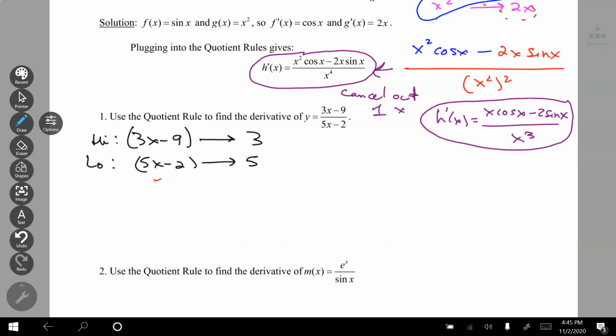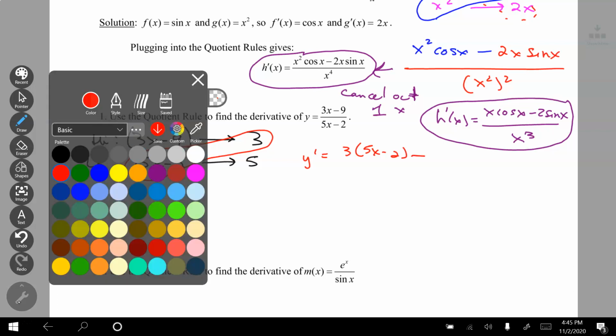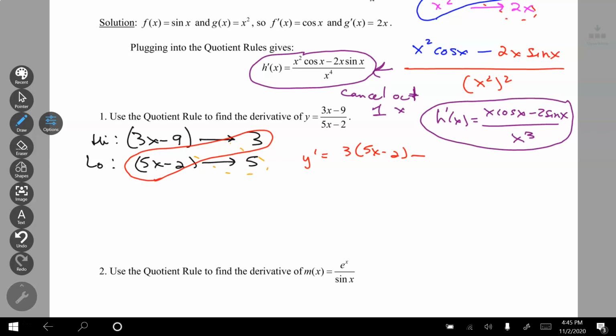When I do this, I have to do the bottom left, upper right crisscross first. So y prime is equal to 3 parentheses 5x minus 2 minus the other way, 5 times 3x minus 9 all over whatever the denominator says squared.